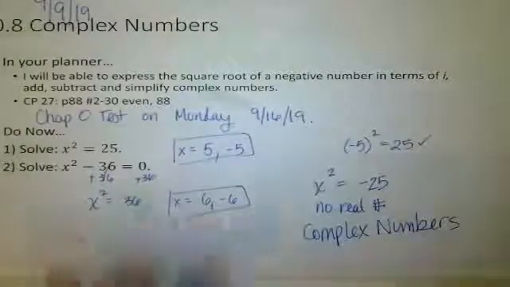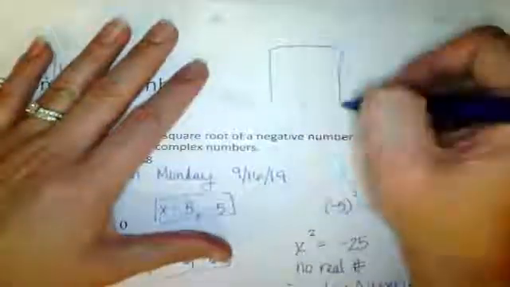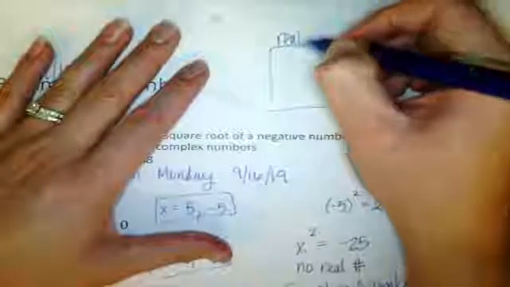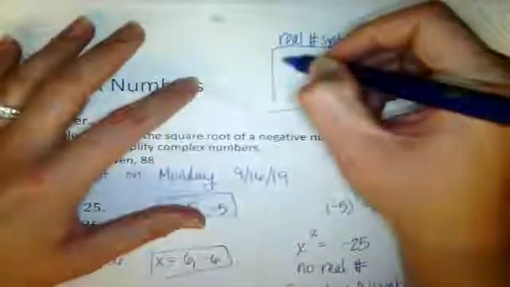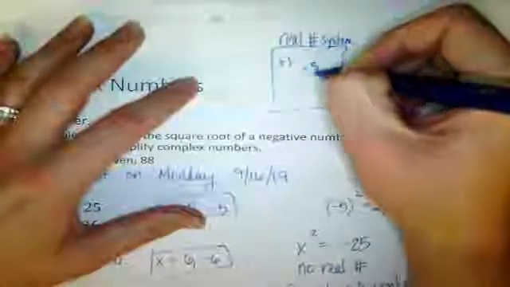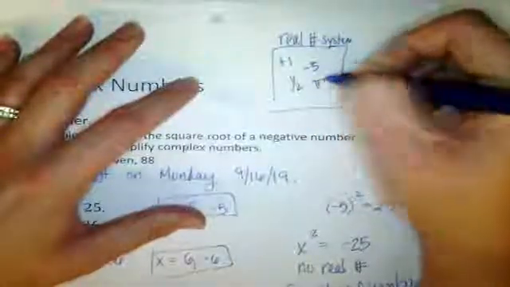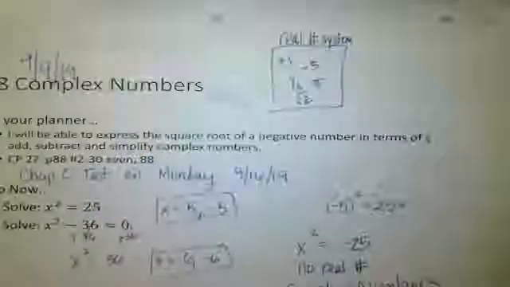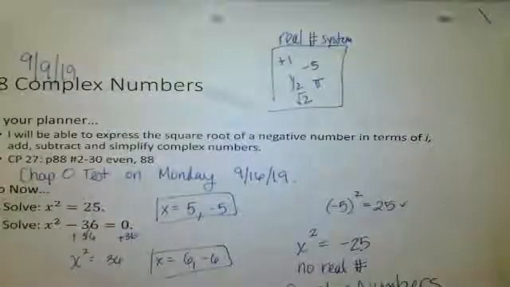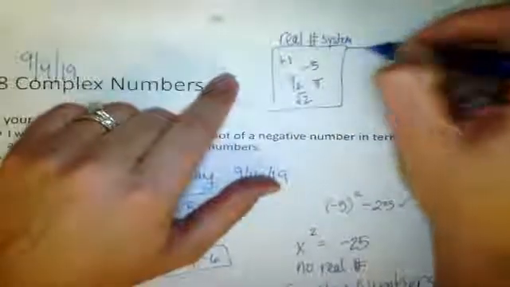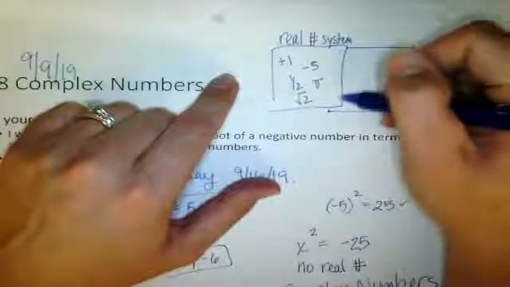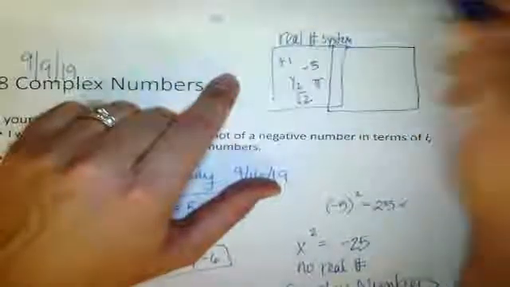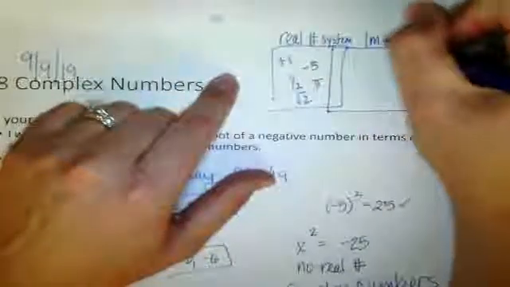All right. So now what we have is, you guys know our real number system. Just everything you think of: positive 1, negative 5, 1/2, pi, radical 2. These are all the real numbers that exist. Okay, all of them. But now we have this whole other system that actually does overlap a little bit, I guess I would say. The imaginary numbers.